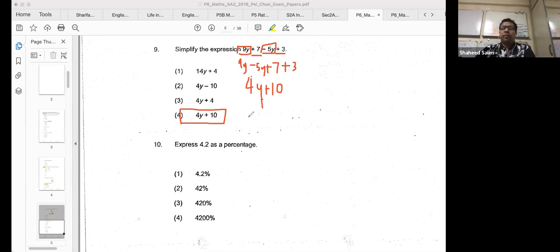Okay, we try the next one. Okay, well done, Izzat. The next one, any fraction or decimal to change to percentage, you just times by 100, that's all. And you will get it.